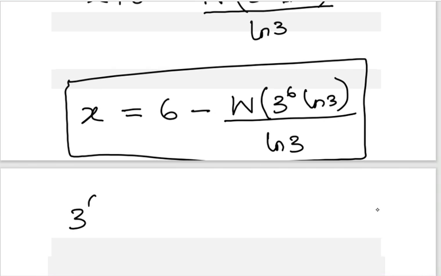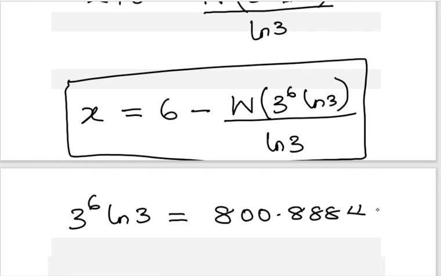To do that, we're going to find the value of 3 to the power of 6 times natural log of 3, which is approximately 800.8884.